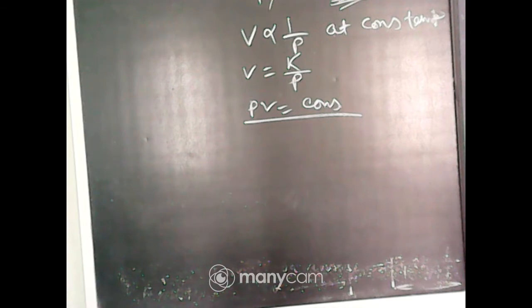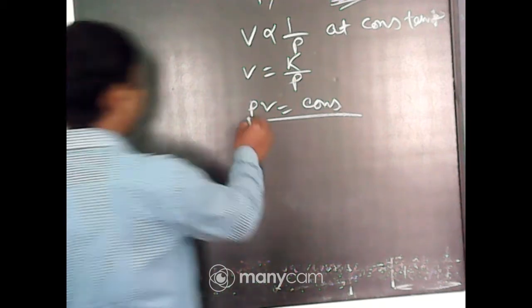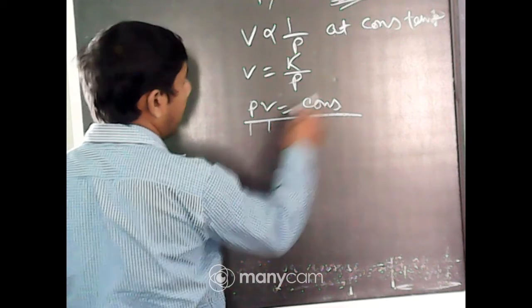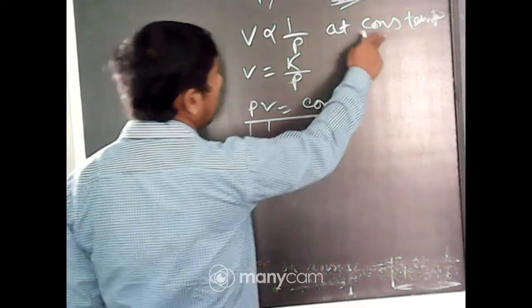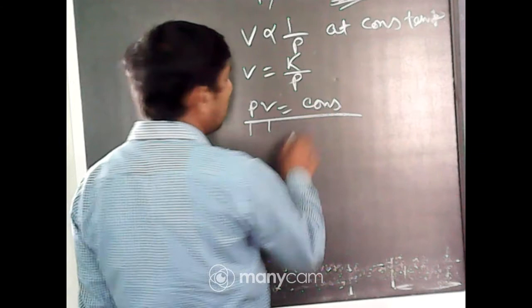Now from this, the product of pressure and volume of a given mass of gas is constant at a constant temperature. The product of pressure and volume of a given mass of gas, at a constant temperature, is constant.